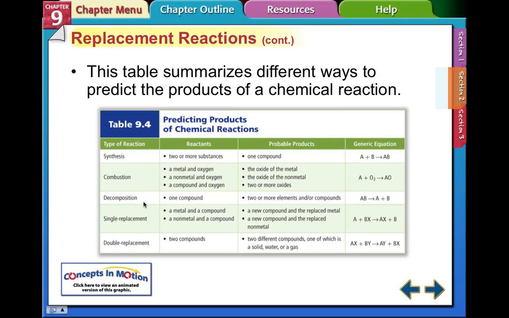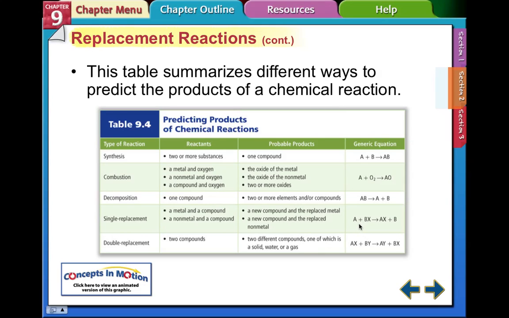Decomposition, remember it's going to break down. You're going to have 1 compound as the reactant. It's going to break down into 2 or more elements. An example would be AB yields A plus B. Single replacement reaction, also called single displacement reaction: you have a metal in a compound or a nonmetal in a compound, and for the product, a new compound and the replaced metal, or a new compound and the replaced nonmetal.